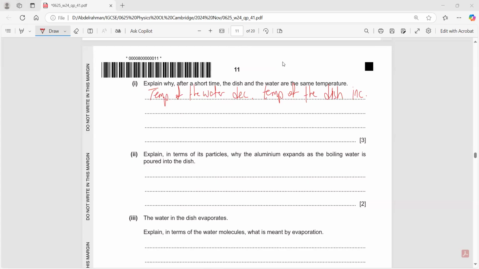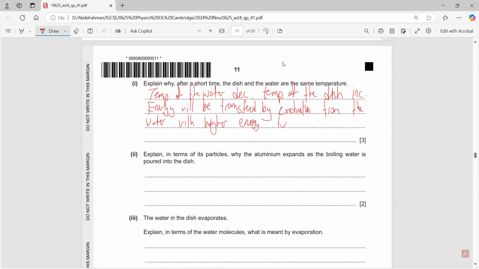Because the energy will be transferred by conduction from the water with higher energy to the dish with lower energy. Good. Okay.